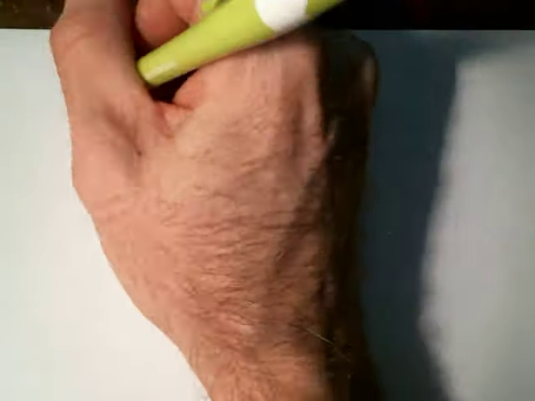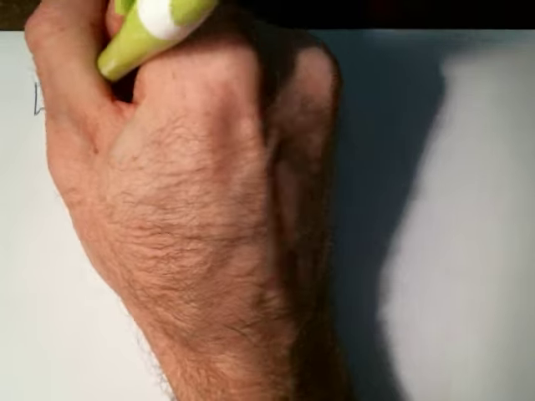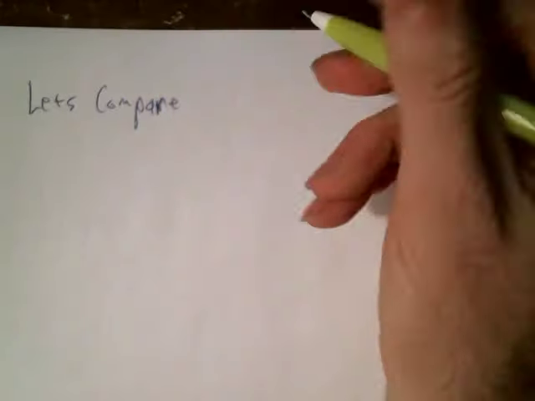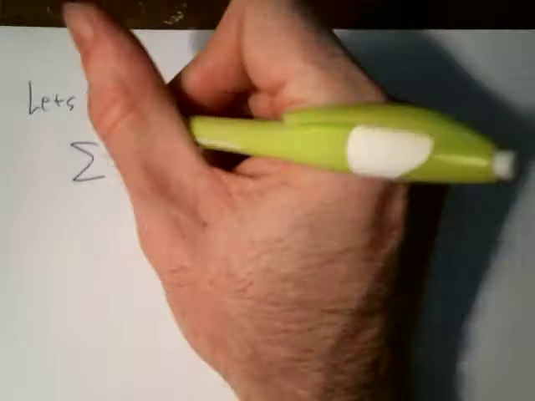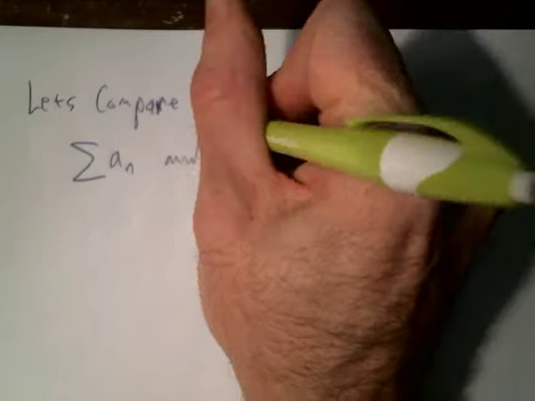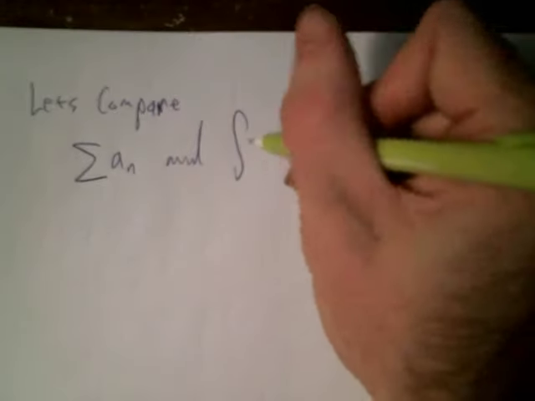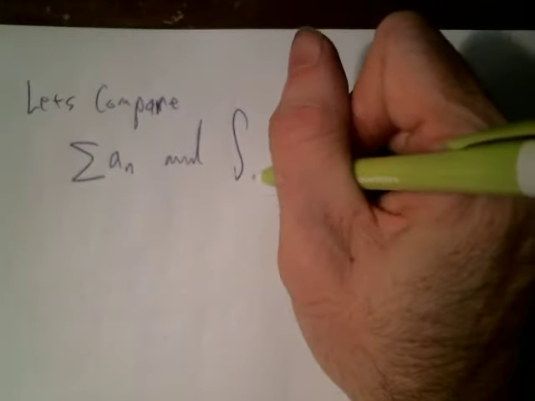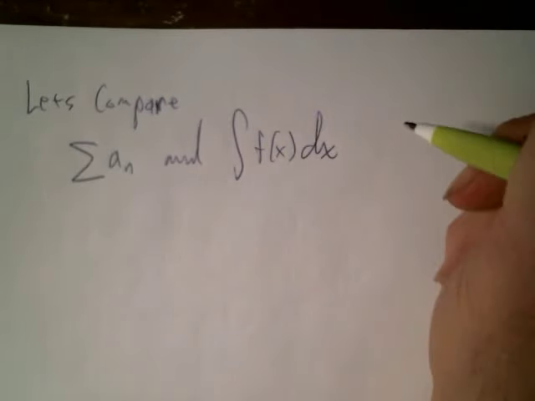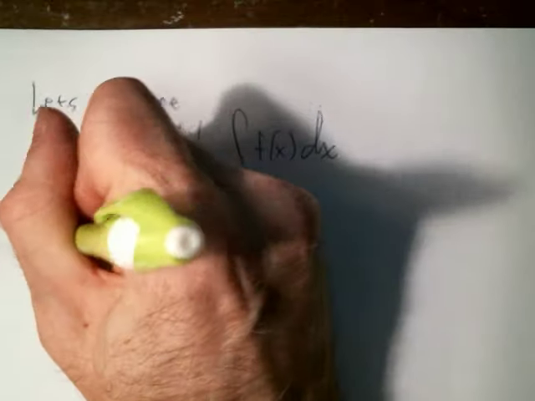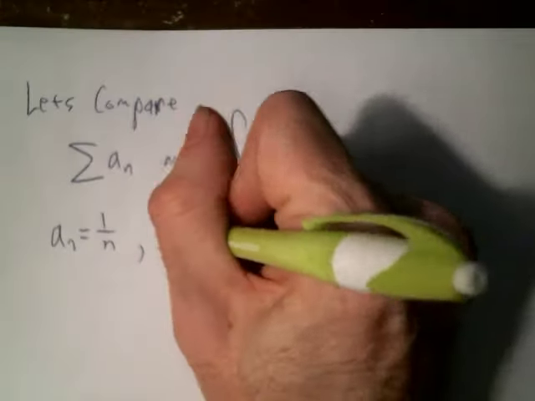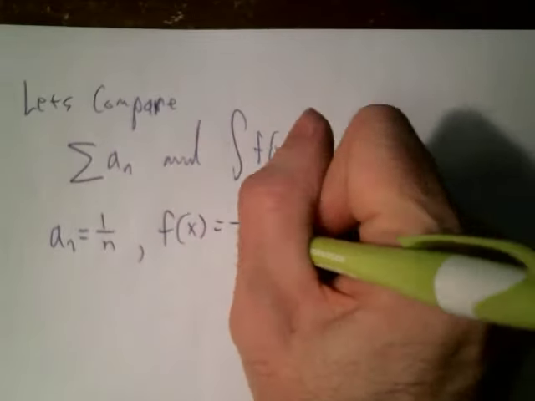So let's compare the sum of this a sub n and this integral from whatever to whatever of f of x dx. Let's let a sub n equal 1 over n, and then f of x equals 1 over x.